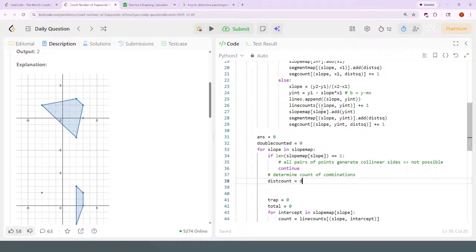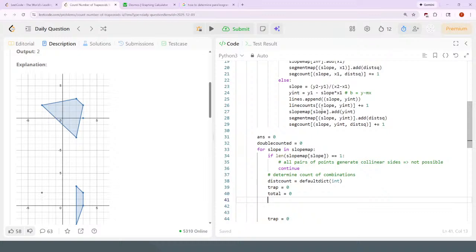And this should be a default dictionary. Let's go with trapezoids that are being counted. And I guess I still do need total.